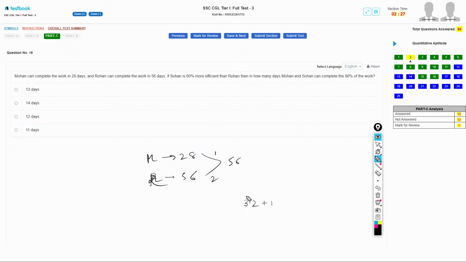Mohan and Sohan 90%: 56 into 0.9, 8.84. Okay, no, this is 4.2, right? So 14, 3, 14, 4, 3, 3, so 12.